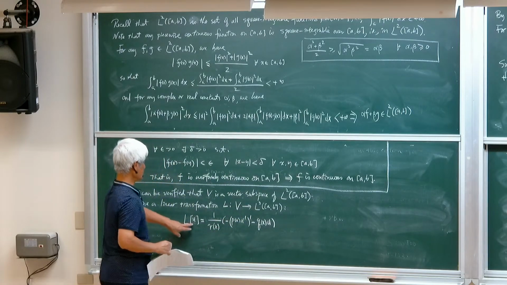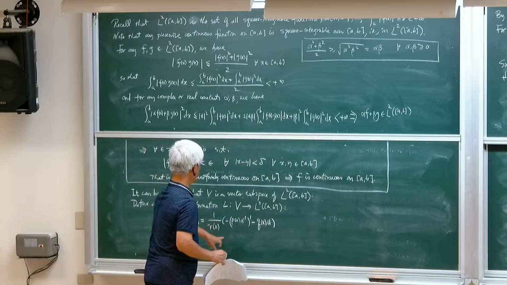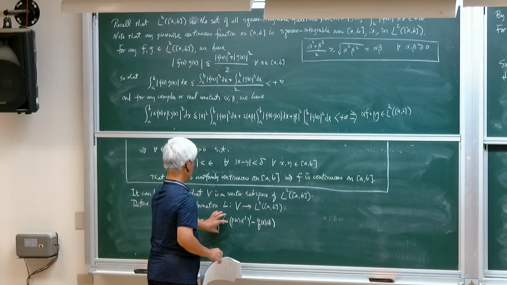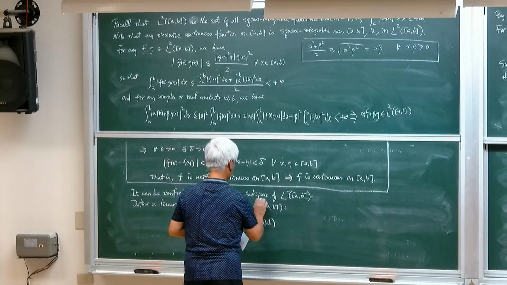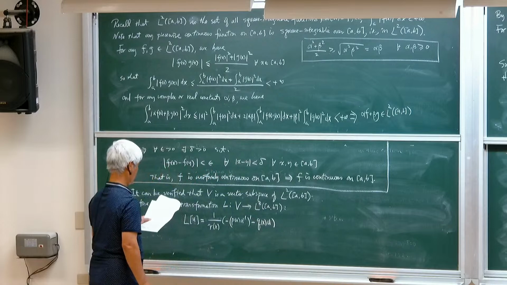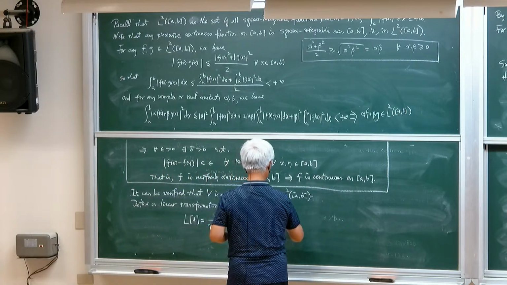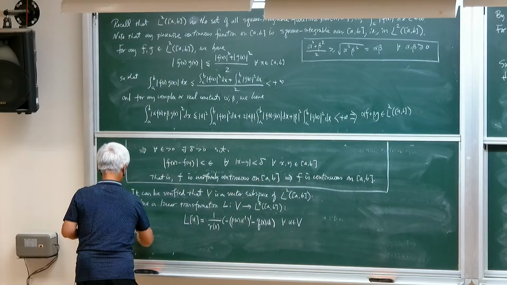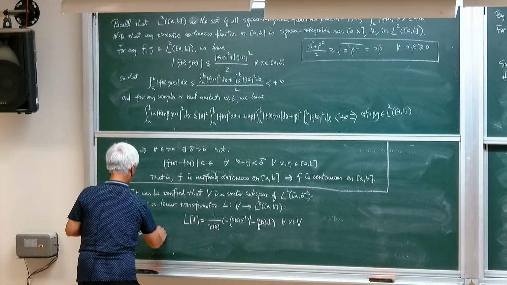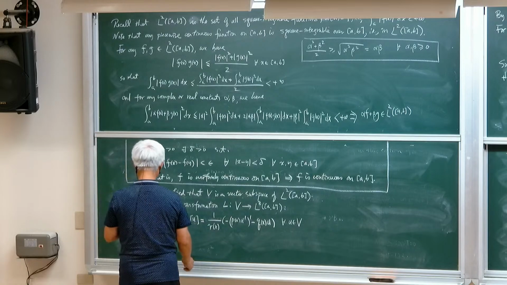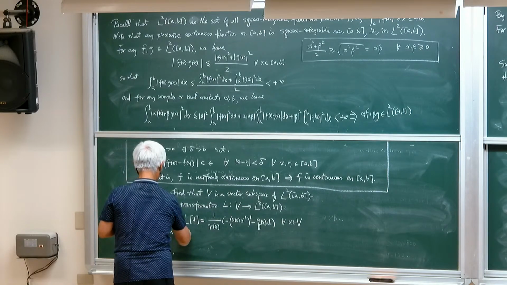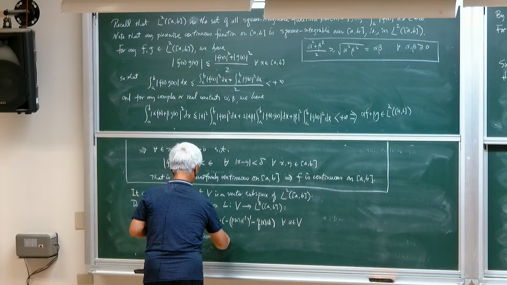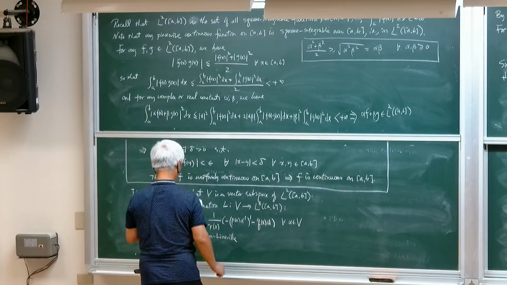So for each u in V, you compute this function, and this function must be in L2, for all u in V. So this is a linear operator, and it's called a regular Sturm-Liouville operator.